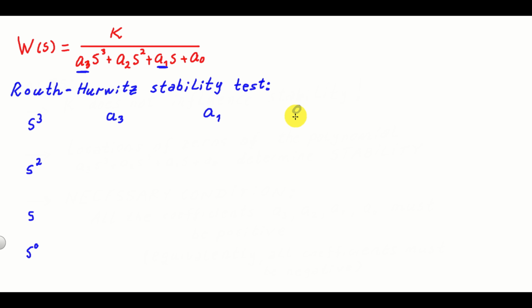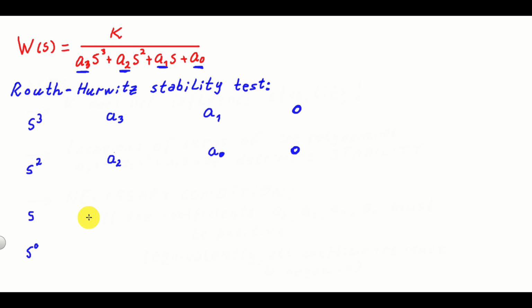However, we will not need a 0. Now, the entries of the second row are a2, then we skip a1, and then we have a0. So we have a2 over here, then we skipped a1, and we have a0. And over here, people add a 0.